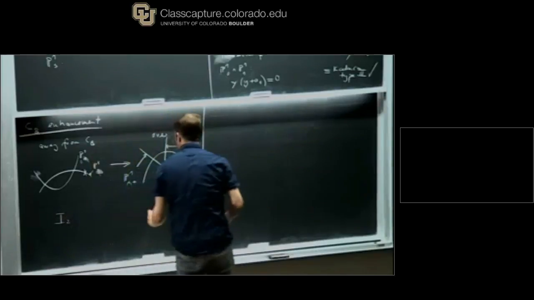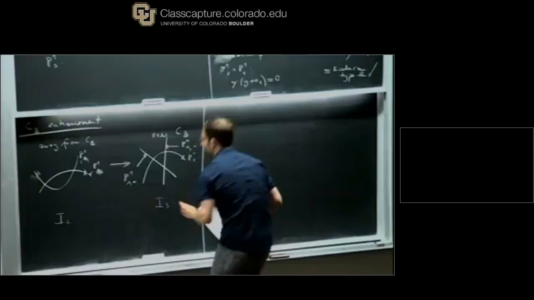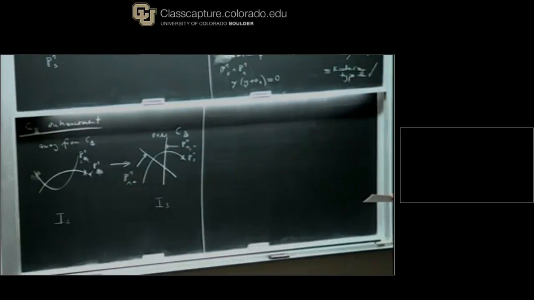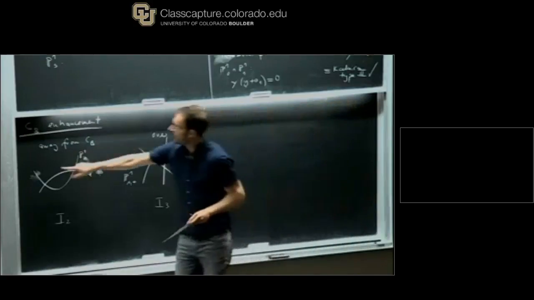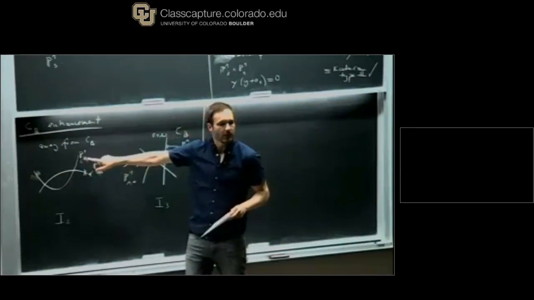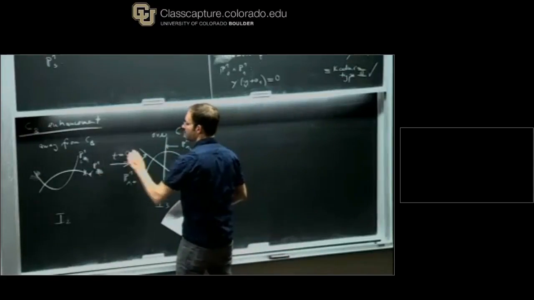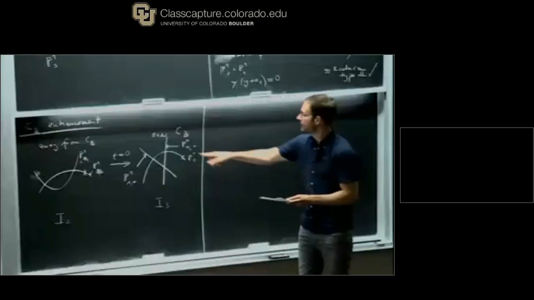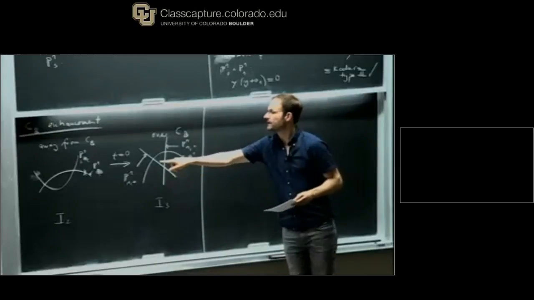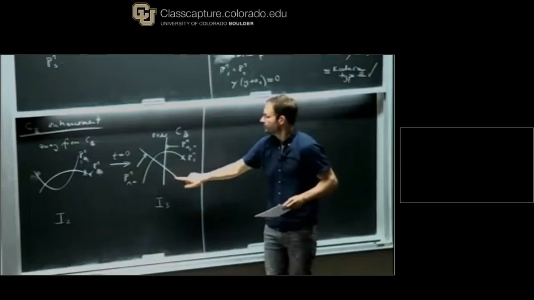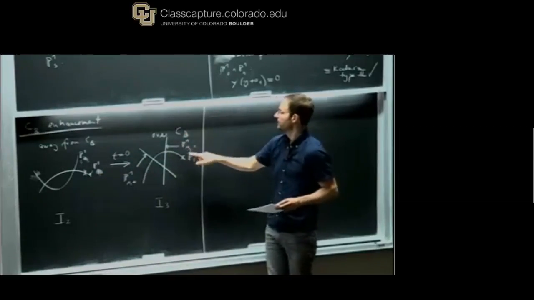So I2 enhances precisely to I3. Could I write type I3 if you go back to this list from last time? And again, you see it by writing down the polynomial describing P11 and observing that as t goes to 0, it factorizes into two polynomials corresponding to this geometric factorization of the irreducible curve P11 into two irreducible curves, P11 plus and minus.